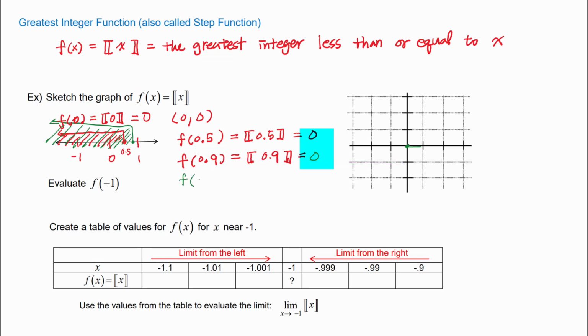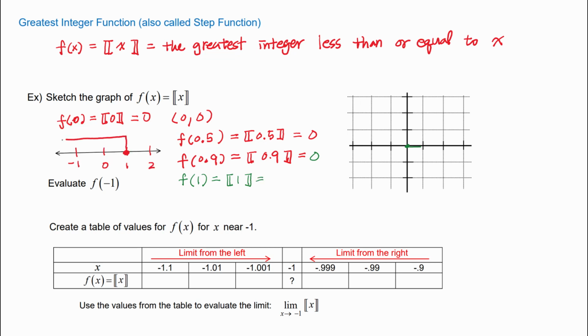Until you hit 1. What is the greatest integer function of 1? What is the greatest integer less than or equal to 1? Yes, now it includes 1. So 1 is the greatest integer less than or equal to 1. At 1, it is 1. 1 comma 1. And what would it be, f of 1.5?